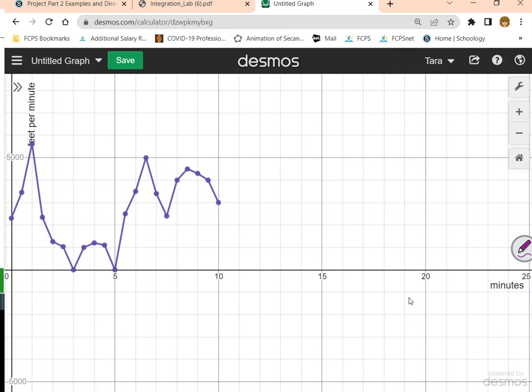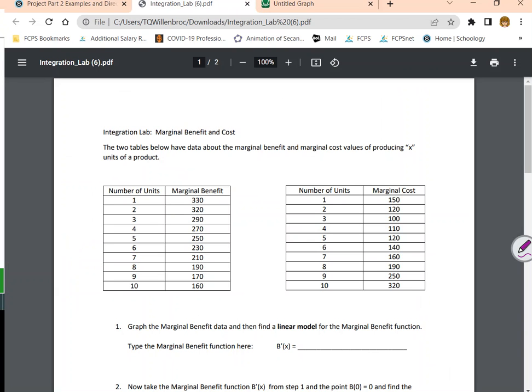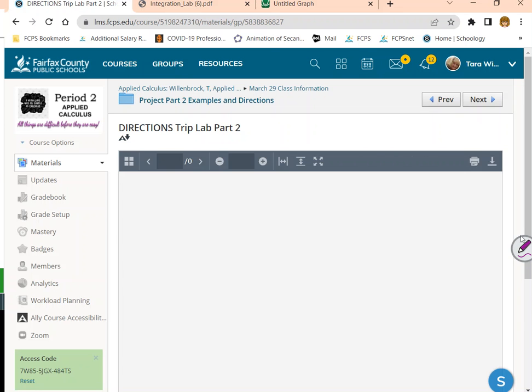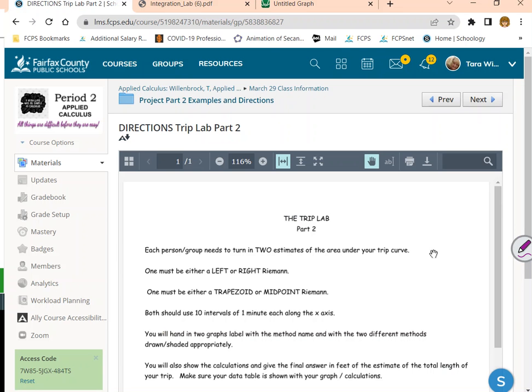We're going to do 2 estimates of the area under the curve. Okay. One of your estimates, let's find this. Here's the directions. So every person or group, whichever, if you worked with people or just on your own, has to turn in 2 graphs, 2 estimates with your graph.